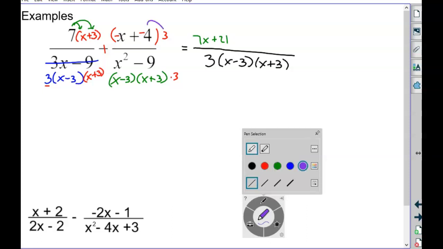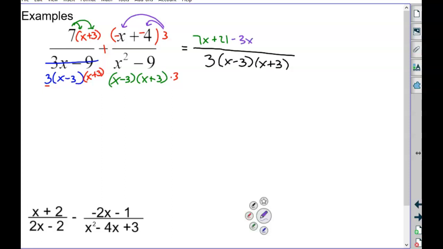And then this 3 has to multiply. So 3 times negative x is a negative 3x. And then 3 times negative 4 is a negative 12. Now notice, don't do anything with the denominator. I think this example might show why we just leave the denominator as is. Leave the denominator in factored form.